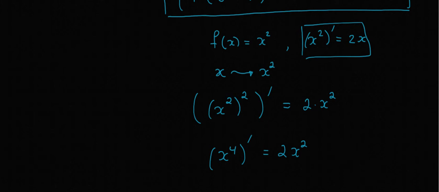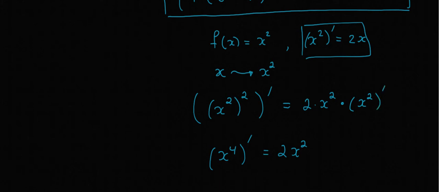The chain rule tells us exactly what we're missing. The chain rule says that in order to get a correct formula for a derivative of a new function that you get by substituting something else instead of x in the original function, you need to do the substitution in the formula for the derivative of the original function, but then on the right hand side of that formula you need to multiply by the derivative of what you're replacing x with.